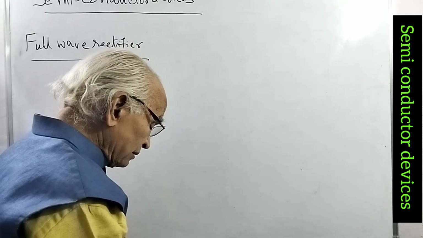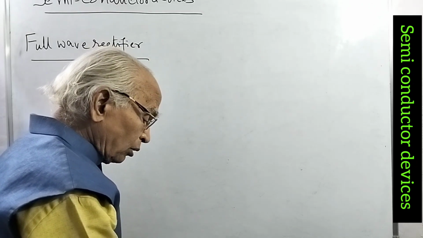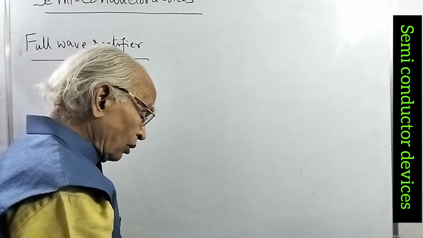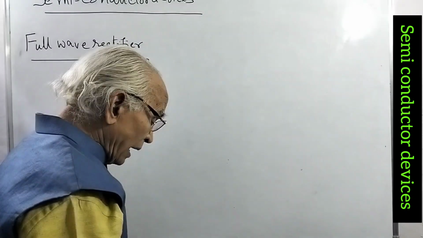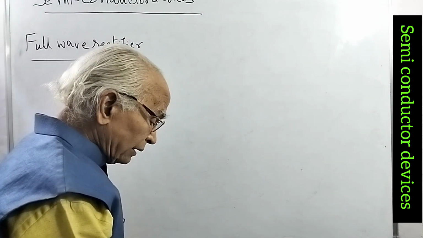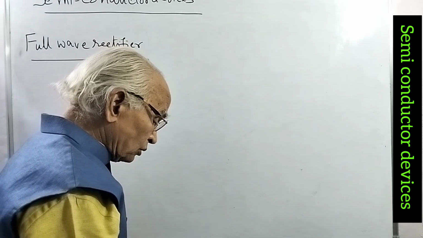If we get this output for the full voltage, it is called a full wave rectifier, because the positive half is giving current and the negative half is also giving current.